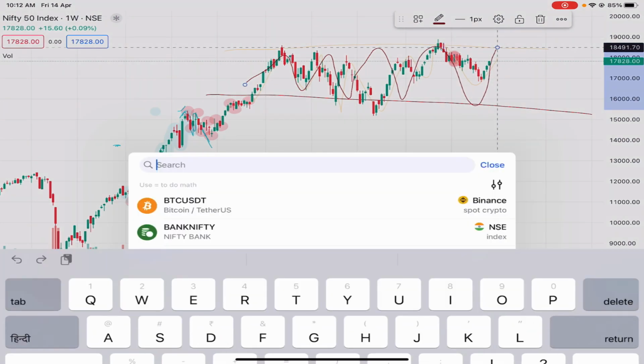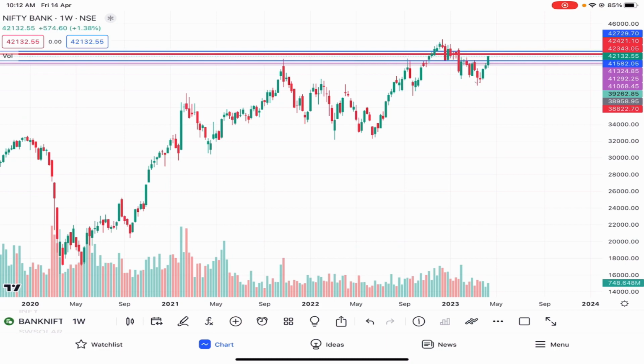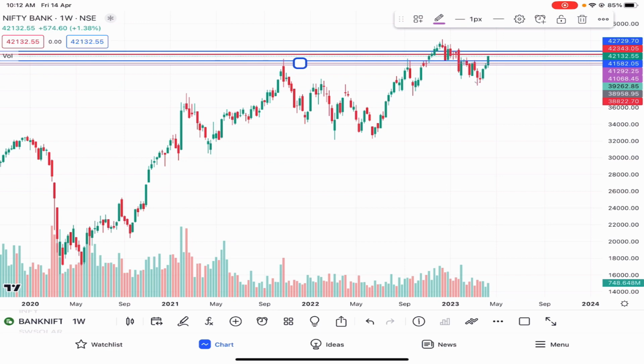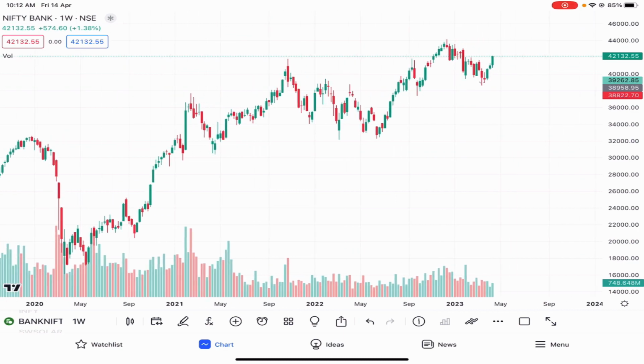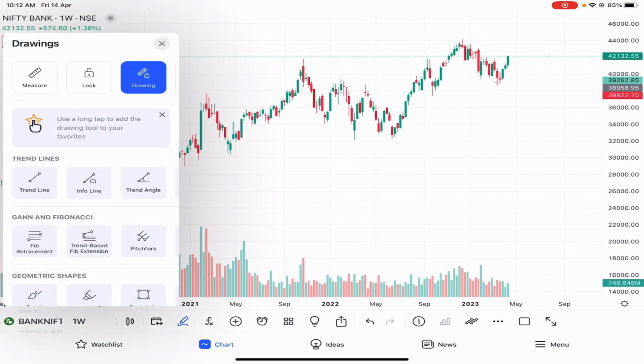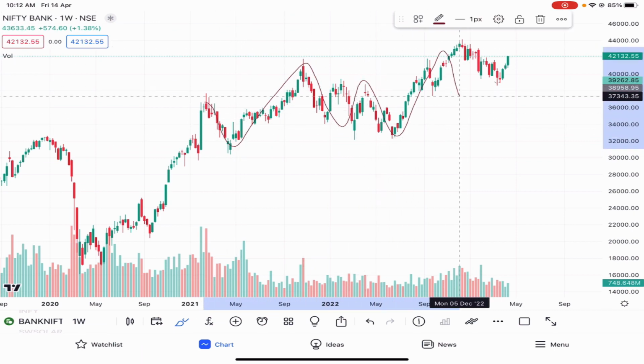Now let's go to the Bank Nifty index and see how that is moving. Let me remove my analysis, support resistance lines. Yeah. So look at this. The Bank Nifty is also moving in the same range.